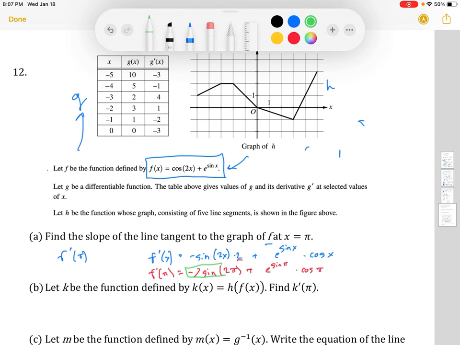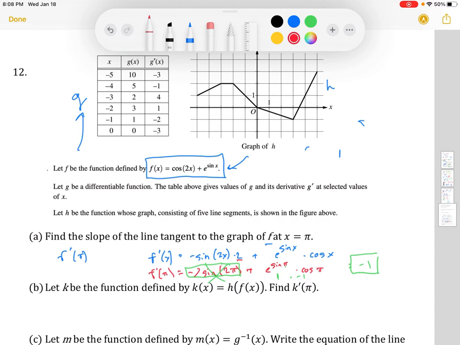So all this right here is 0. E to the sine of pi, again, the sine of pi is 0, so e to the 0 is 1. And then cosine of pi is negative 1. So the answer to A is negative 1. The slope at f, so the tangent slope at pi for f is negative 1.